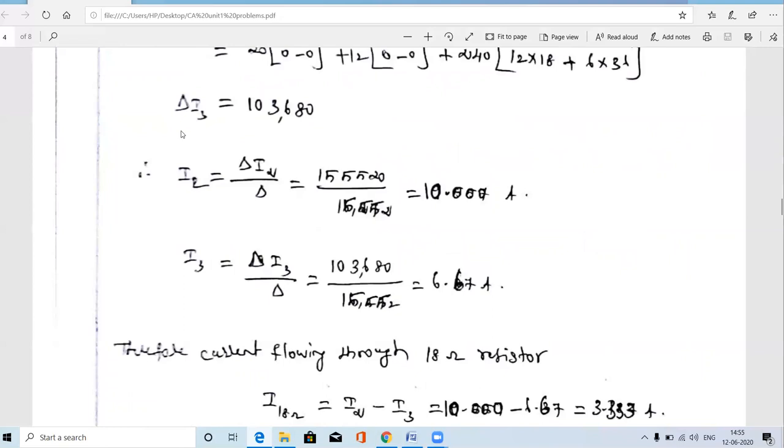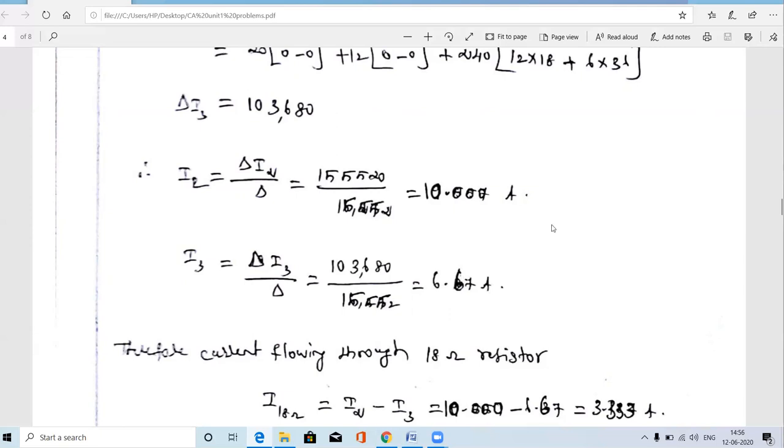After calculating that, we calculate the currents I2 and I3. I2 is the ratio of del I2 divided by del, so 155,520 divided by 15,552. We get 10 amps. Similarly, I3 is calculated as 6.67 amps.